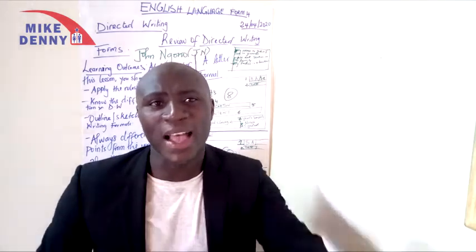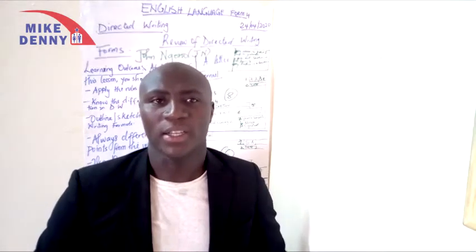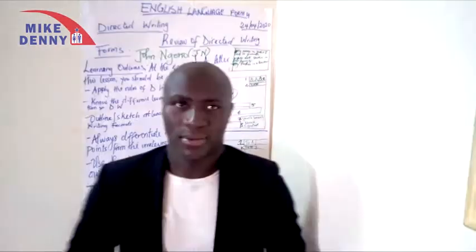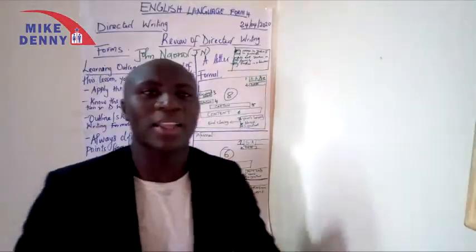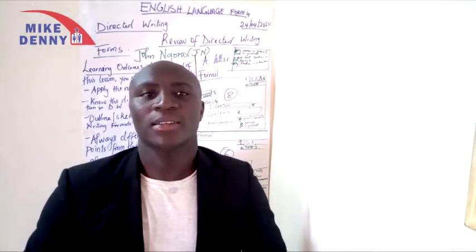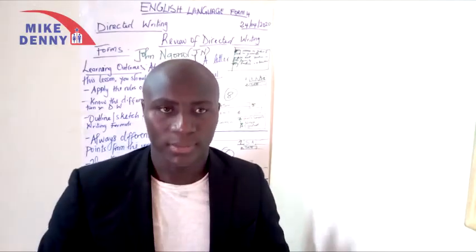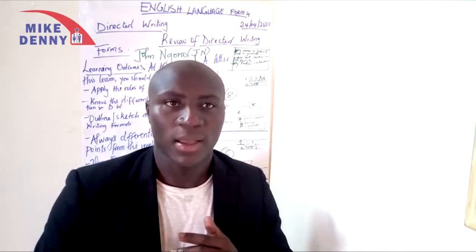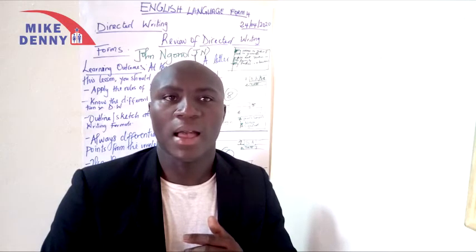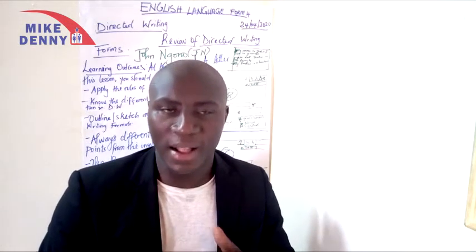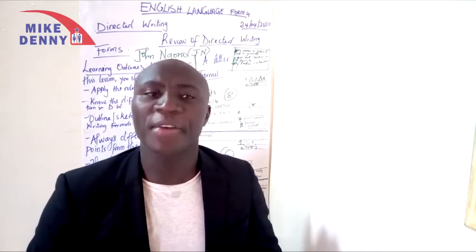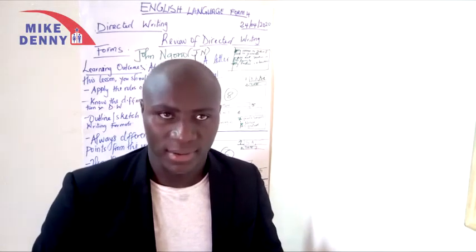And as your task or homework, you are expected to write or bring out the layout or format for the following directed writing topics. 1. An advice. 2. A report. 3. A debate.